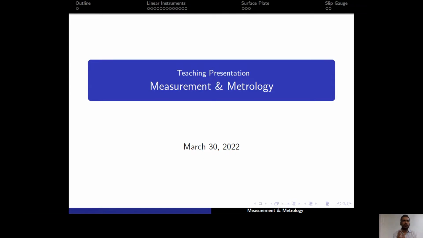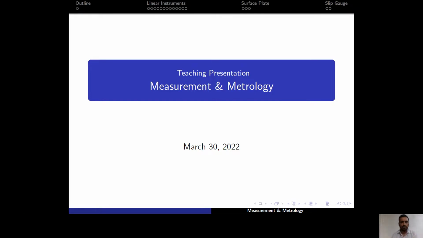It would be very difficult for us to continue our life. Day-to-day activity would be very difficult. So measuring is very important, or I would say the science by which we actually measure things is known as metrology.